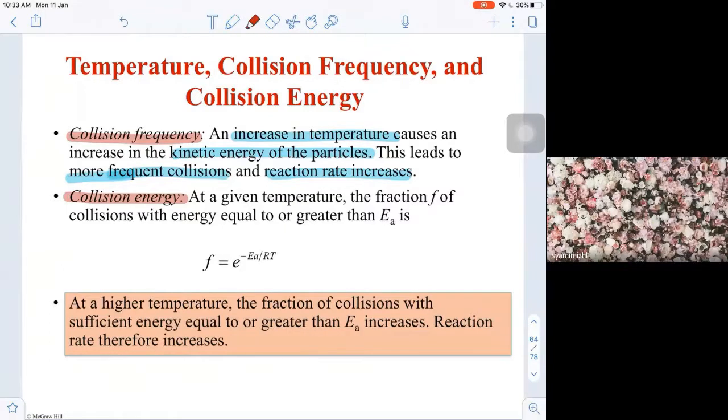We said that when the temperature increases, it can double or triple the rate, right? But if we just focus on the frequency effect of the temperature, then it only increases the rate by 4%.